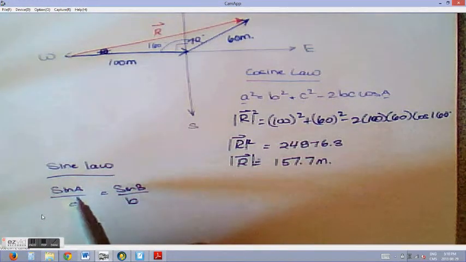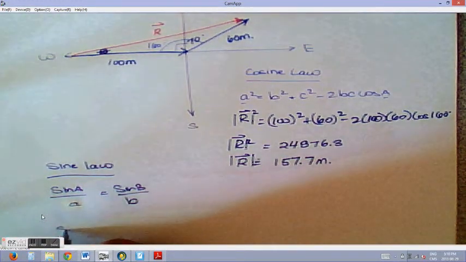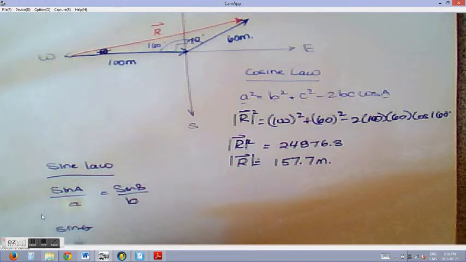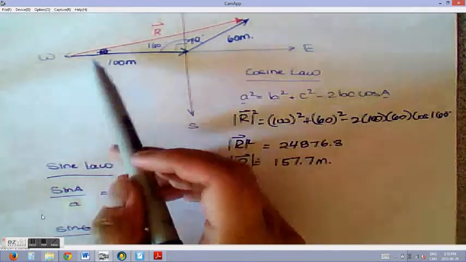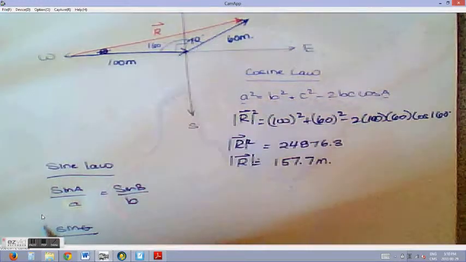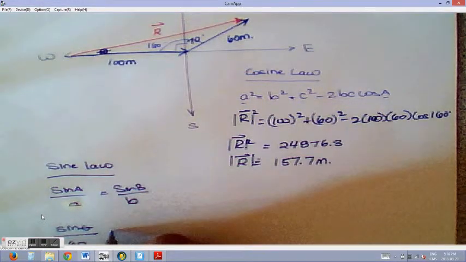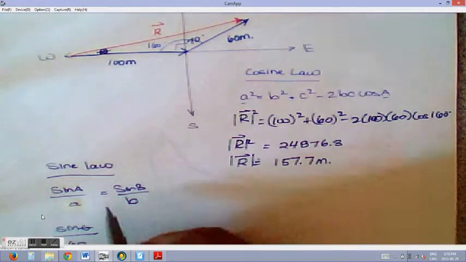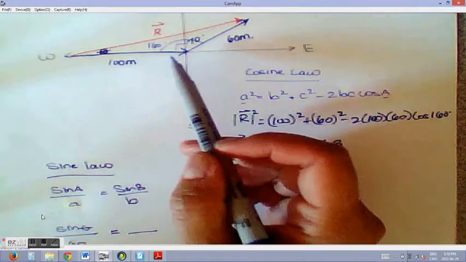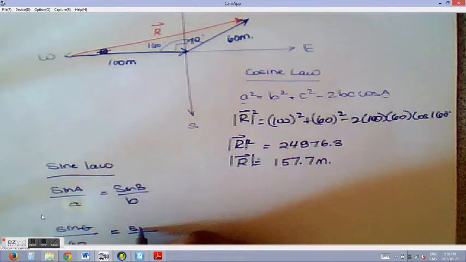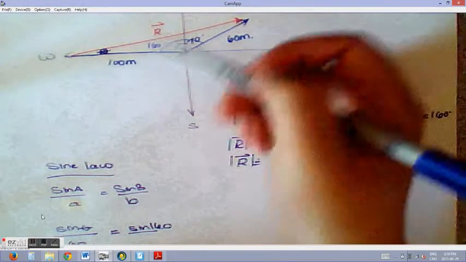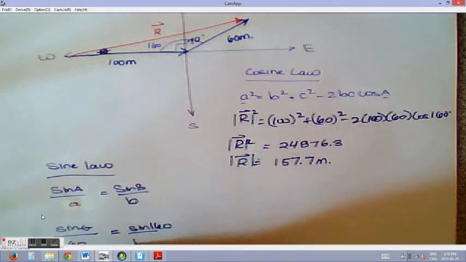So we want to find the sine of theta over, and opposite to that, you can even draw an arrow, is 60, is equal to the sine of the only other angle I know, this big one, 160, and opposite to that is the number that we just found, 157.7.